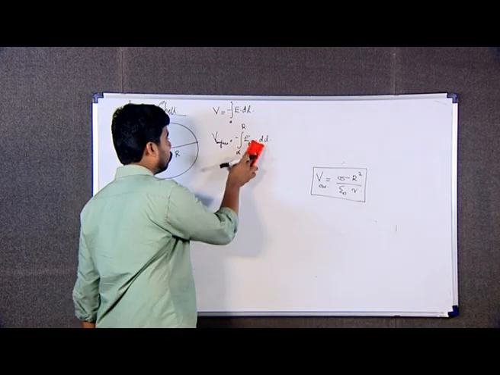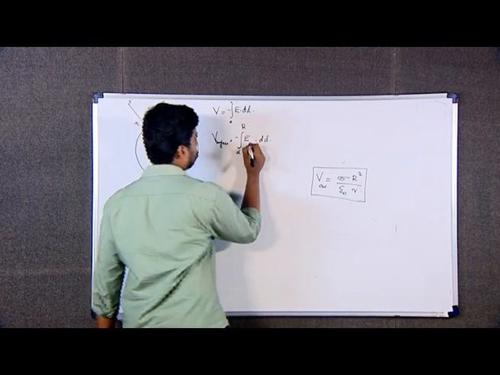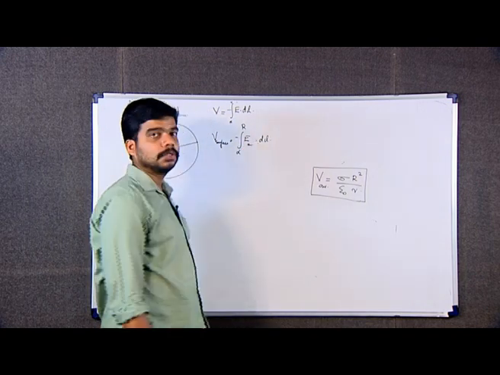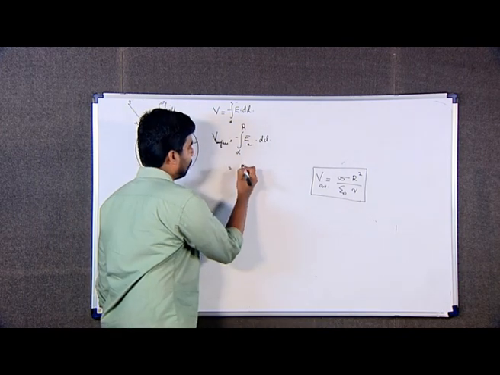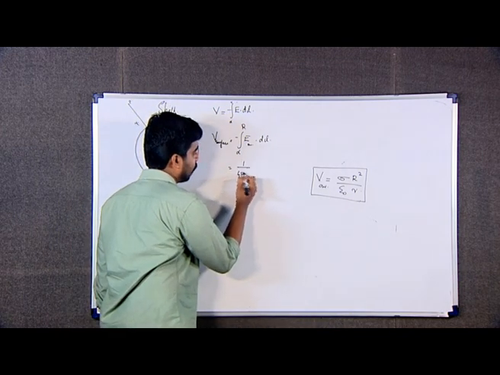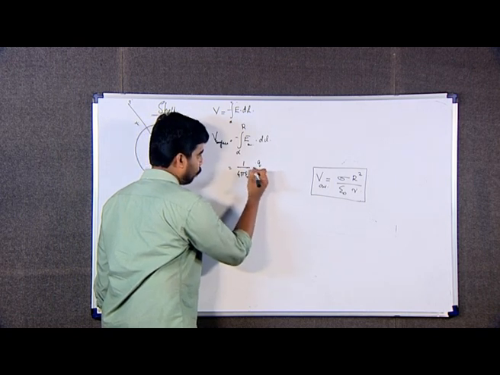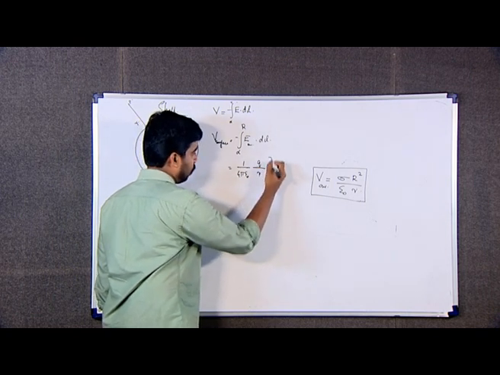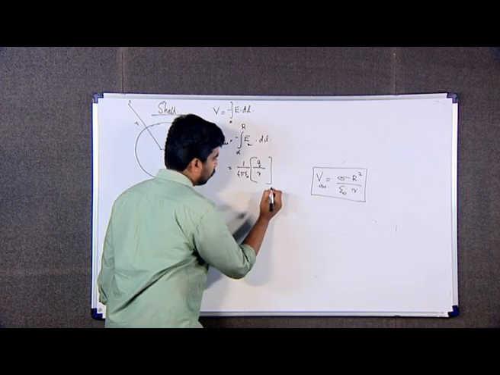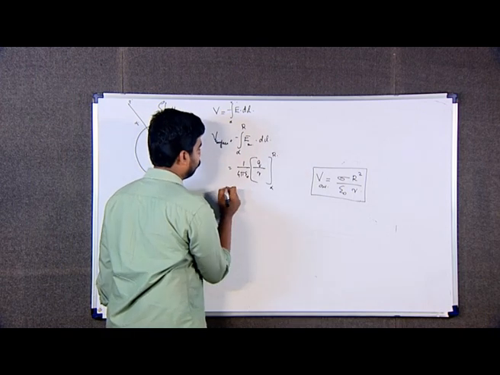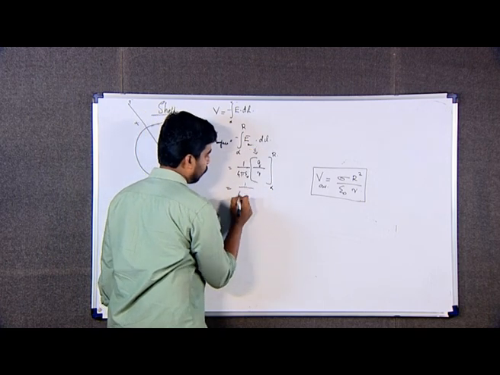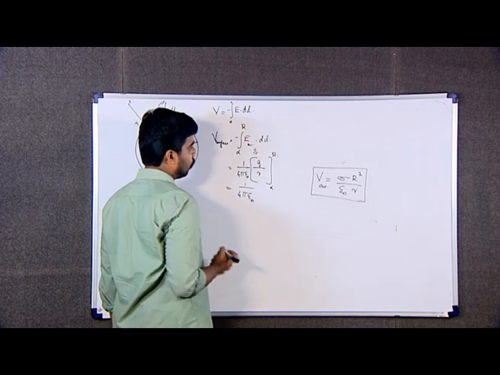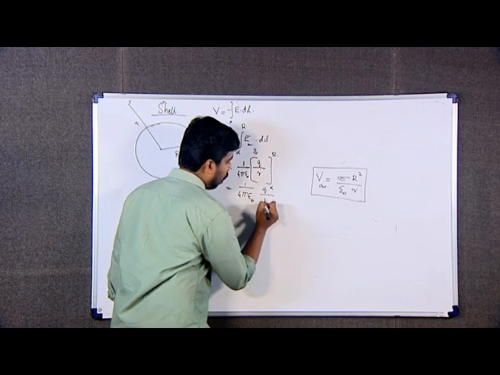For that integration we take the general expression for E out. So, you will get 1 by 4 pi epsilon 0 q by r into the limit from infinity to r, and this term you can try by yourself, which is equal to 1 by 4 pi epsilon 0 q by r.